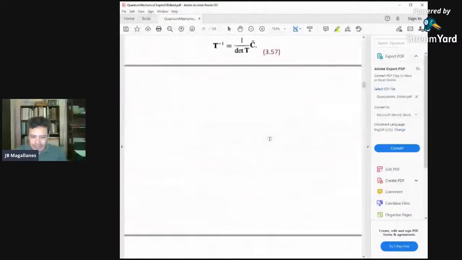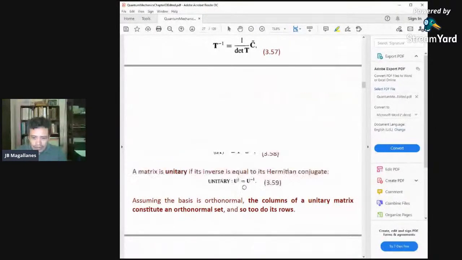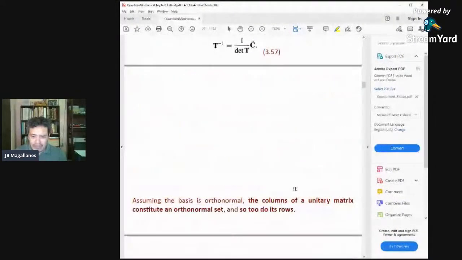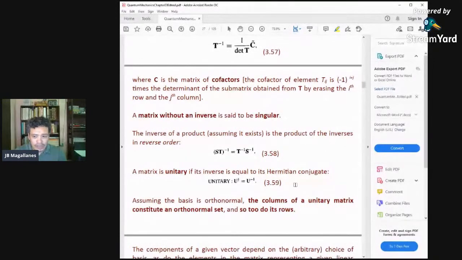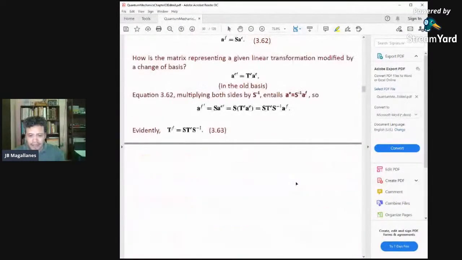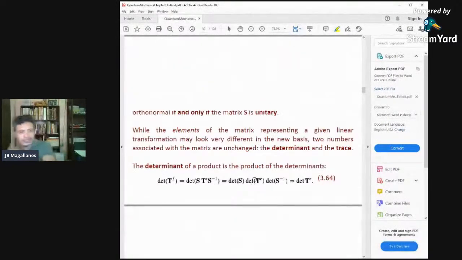A unitary matrix is defined as one whose inverse is equal to its Hermitian conjugate. So any matrix that has an inverse equal to the Hermitian conjugate is a unitary matrix. You can practice with some matrices later.